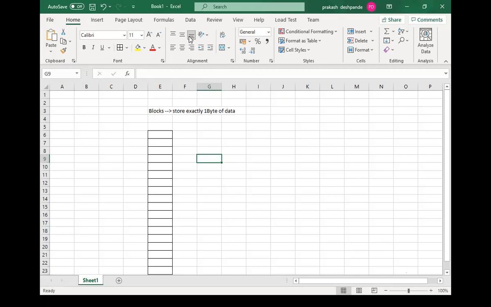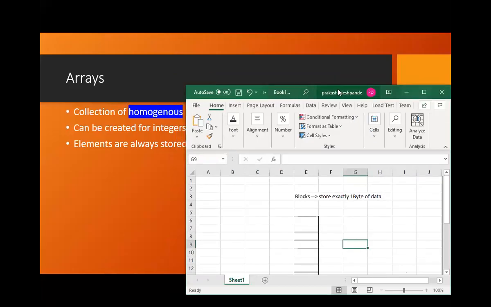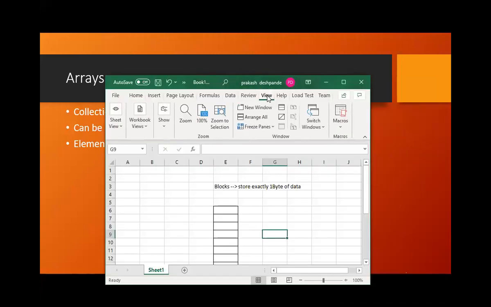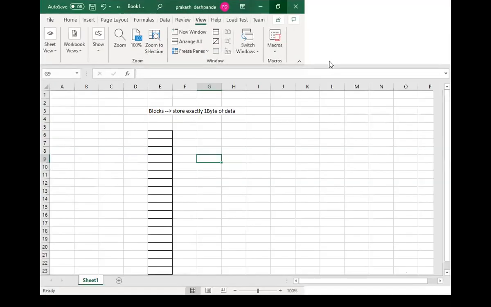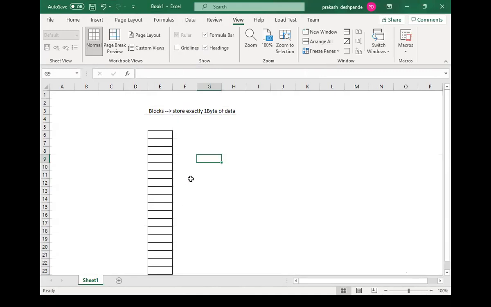One second, students. Just a moment. Okay. Students, are you able to see this text?